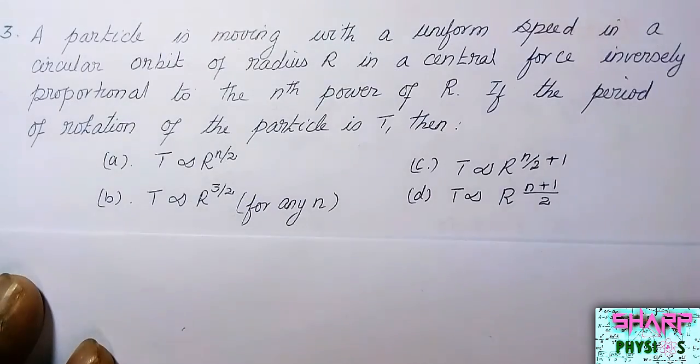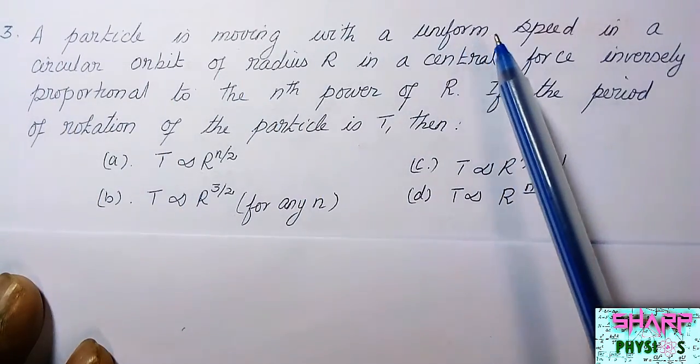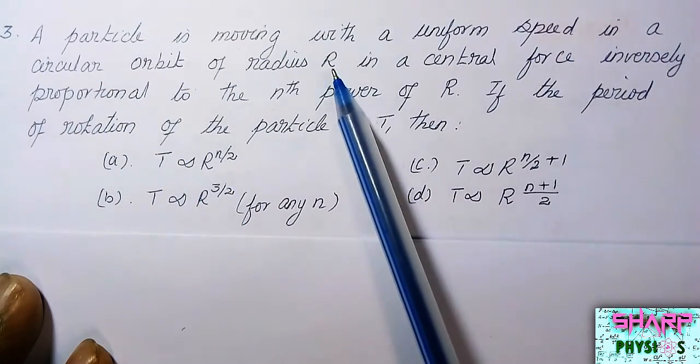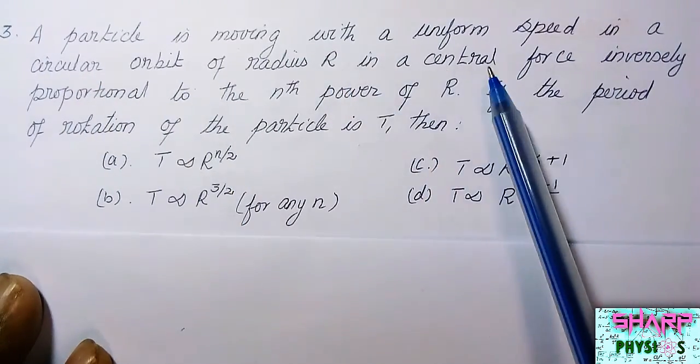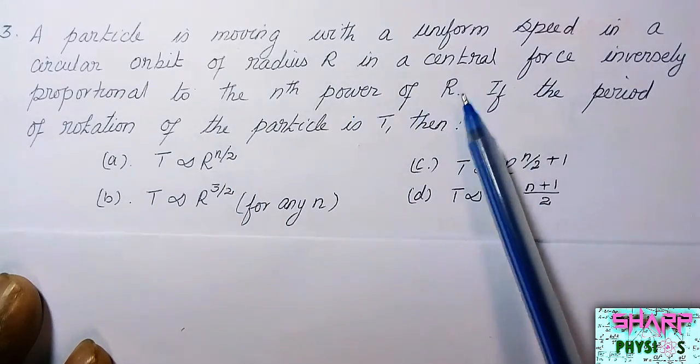Now we'll go for the third problem. A particle is moving with a uniform speed in a circular orbit of radius r in a central force inversely proportional to the nth power of r.